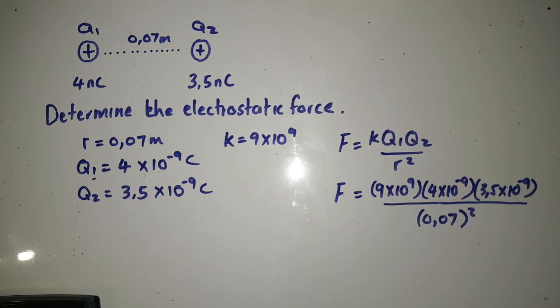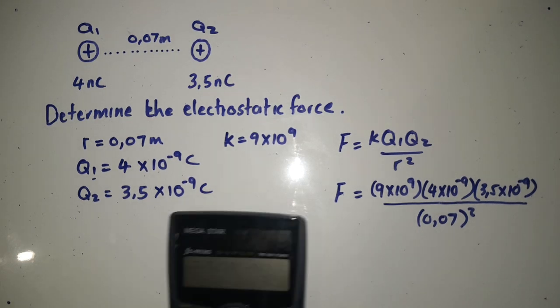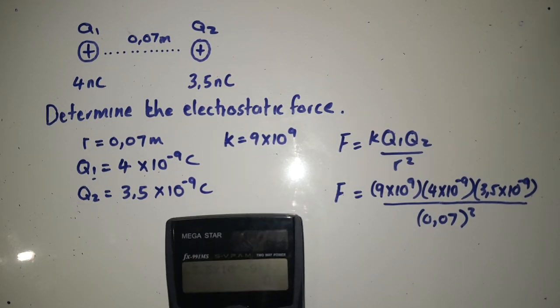Okay, we have 9 multiplied by 10 to the 9. Also have 4 times 10 to the power of minus 9 and 3.5 times 10 to the power of minus 9. You see, I'm using a different calculator.